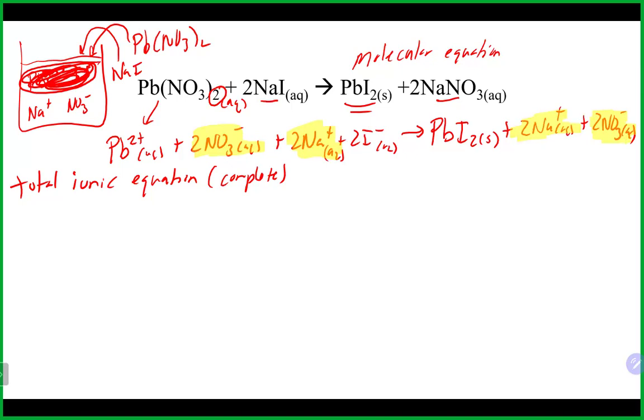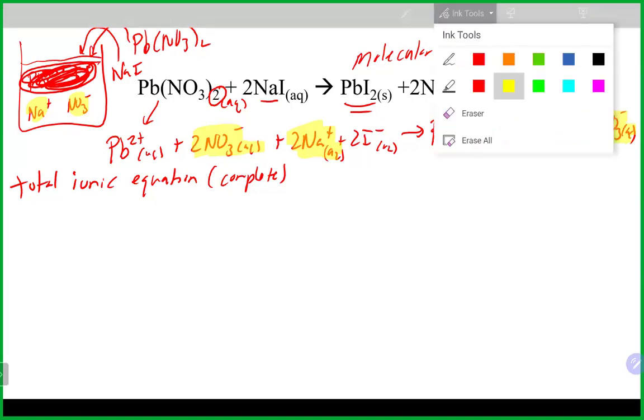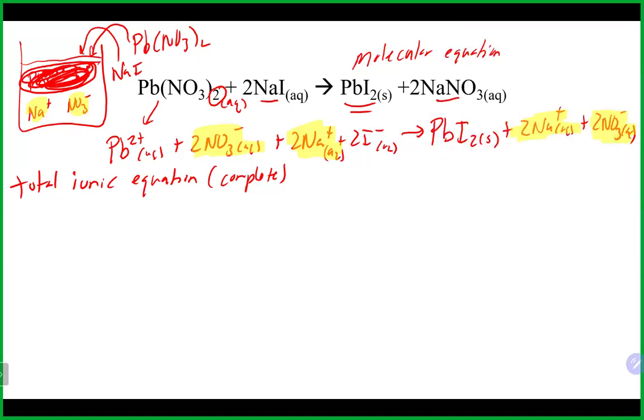These guys that are just hanging out, in my picture right here, are essentially just floating around. They are basically watching what's going on, and they are what are referred to as spectator ions. If you're a spectator, you're just watching what's going on. They are not directly involved in any type of product formation.